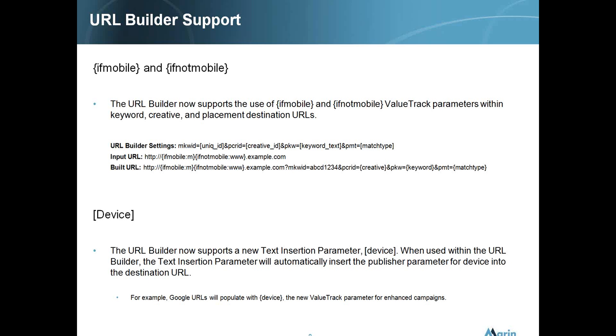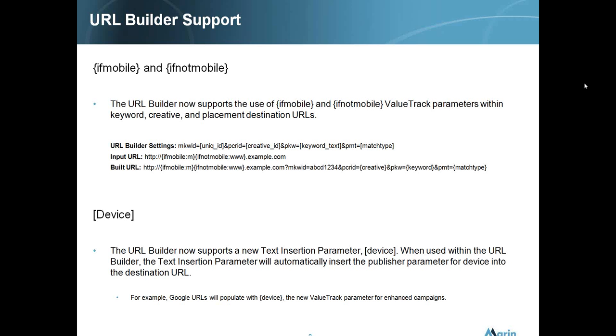The way that this is used within our platform is that it will not be part of your URL Builder. It won't be embedded in there as with many of your tracking parameters, but you will be able to upload bulk sheets that have the if mobile, if not mobile parameter. In this example, you'll see a URL Builder settings example.